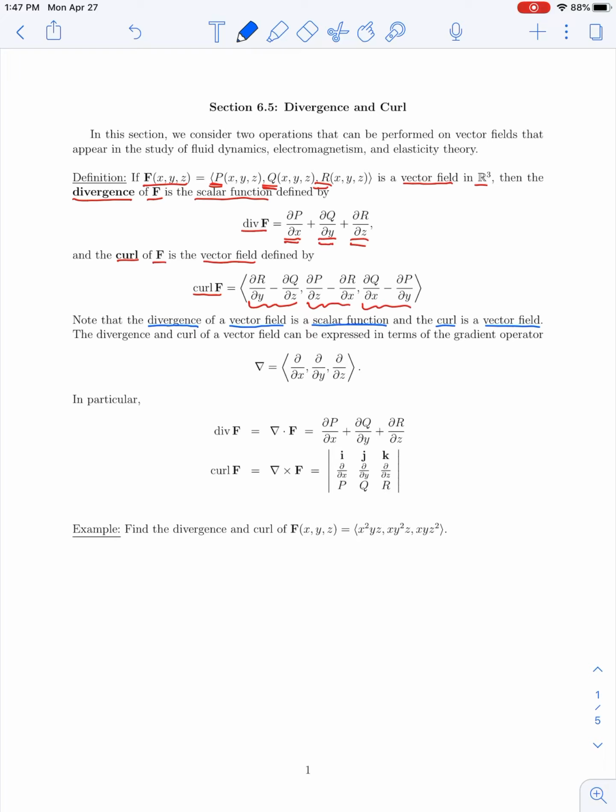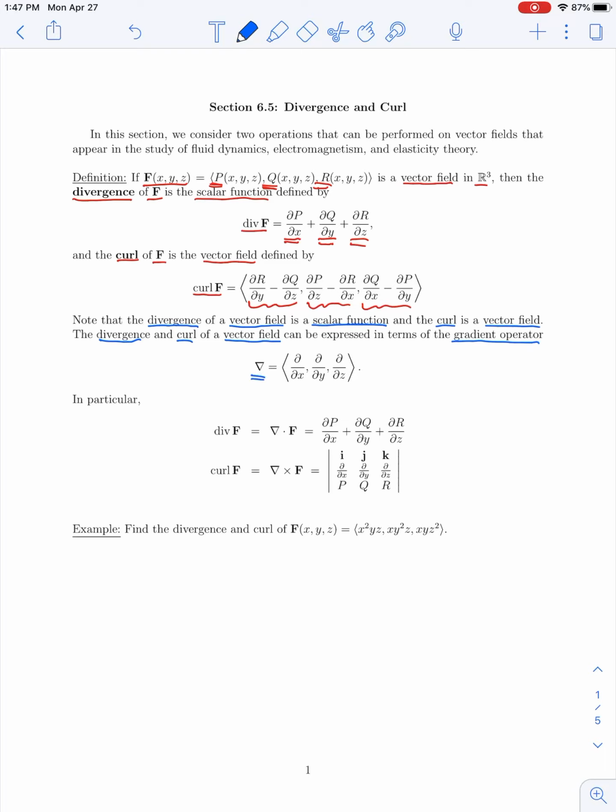Now, this definition that we just introduced for the curl of a vector field we see is a little bit messy. It might be hard to remember, but we can simplify that definition by making use of the gradient operator. So the divergence and curl of a vector field can be more easily expressed in terms of the gradient operator, which we were denoting as grad or del, or nabla.